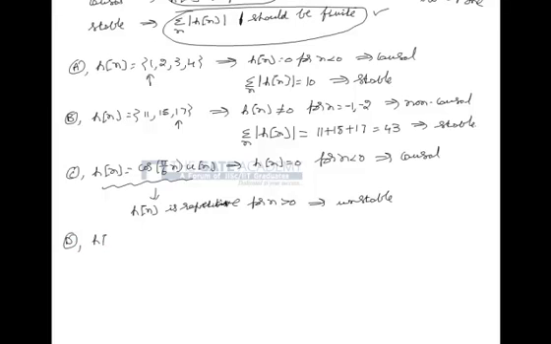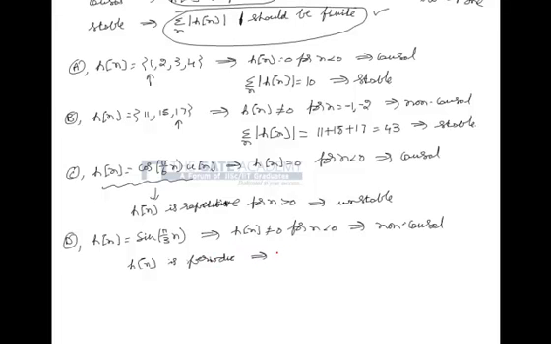As per option D, h of n is equal to sine of pi by 3 n. Here h of n is not equal to 0 for n less than 0. That implies that system is non-causal. Also h of n is periodic.